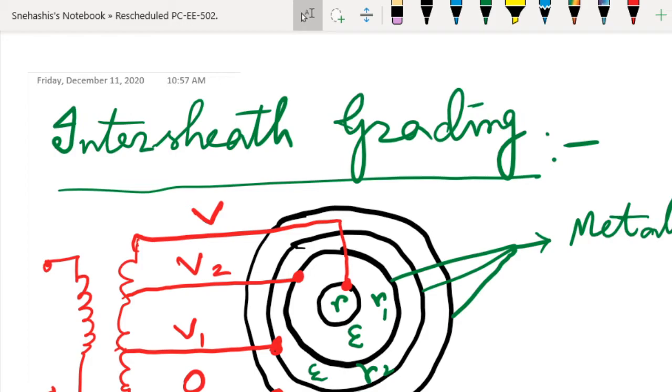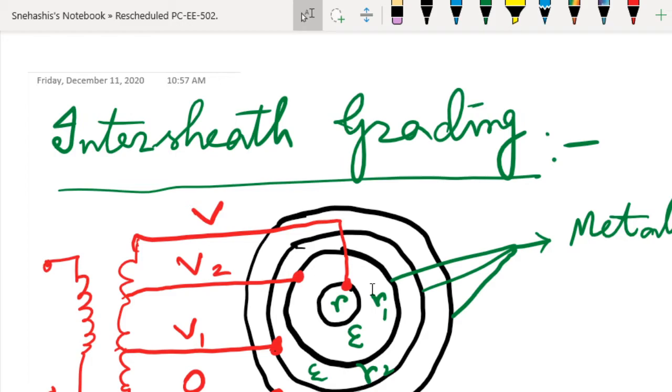Okay, now it is evident that an auxiliary transformer is used to maintain the metal sheet at the power conductor at certain potentials. As a result, stress distribution is different from one layer to the other, which it would be without the intersheaths.